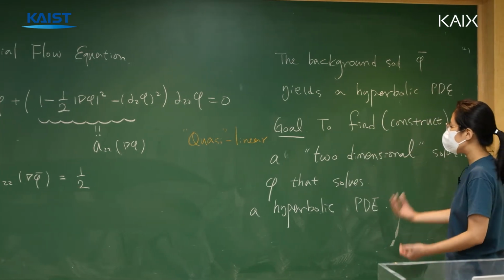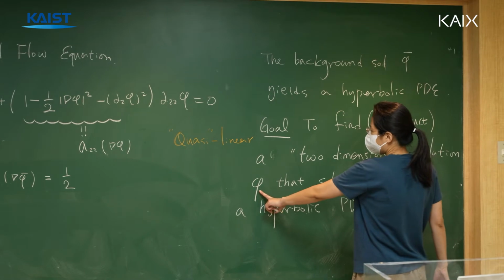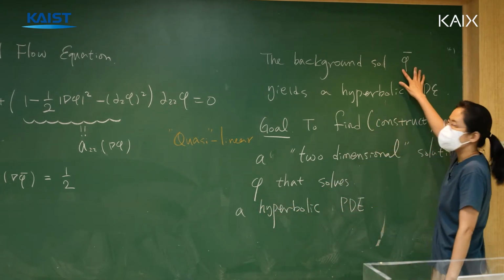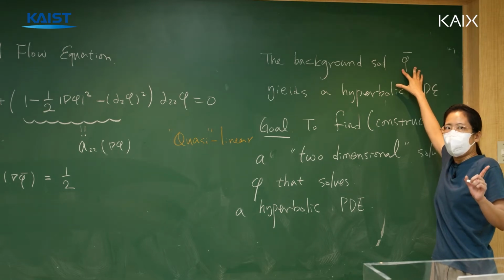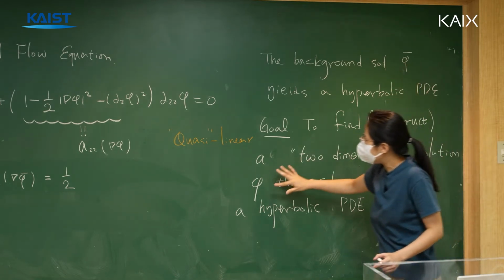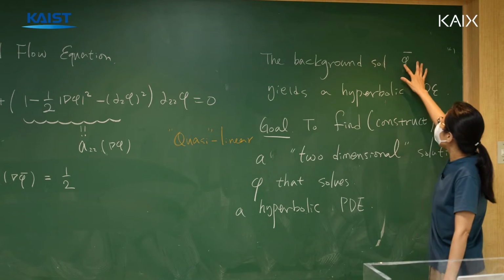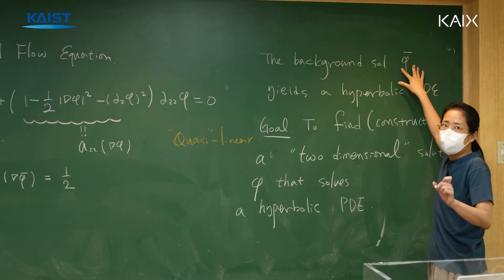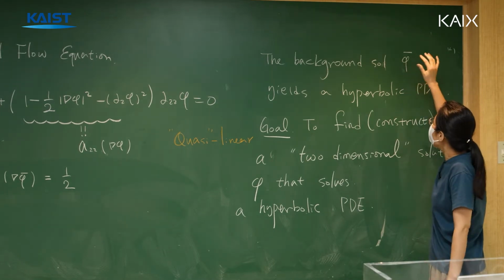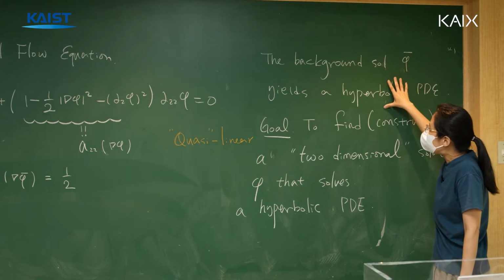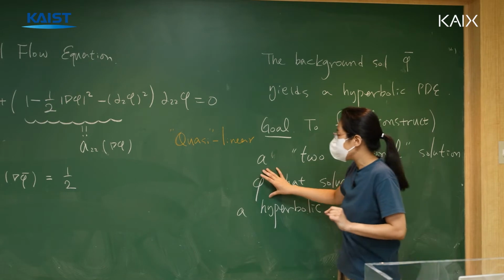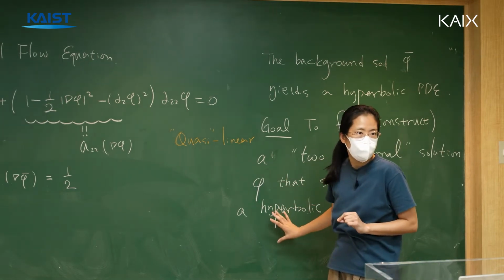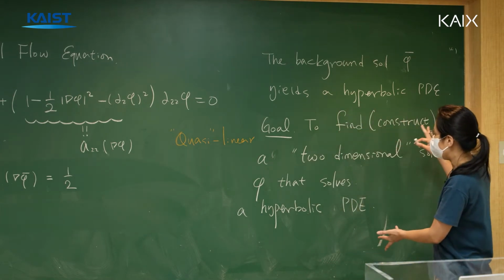And of course, how do I do that? I want to find such a phi so that it's sufficiently close to phi bar. Hopefully, if this phi is sufficiently close to phi bar, then since phi bar yields a hyperbolic PDE, at least we could hope that this new solution also becomes a solution of a hyperbolic PDE. Okay, so that's what I want.